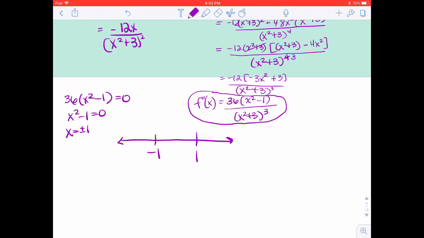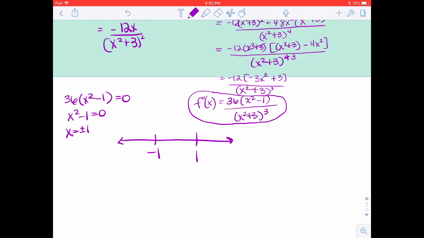So let's use our number line here to test these intervals. To test these intervals, we want to test something outside of -1, so something like -2, and see if it's going to be positive or negative. I don't care about the actual value you get out. I just want to make sure that you know that it's either positive or negative. So you could just simply write that here.